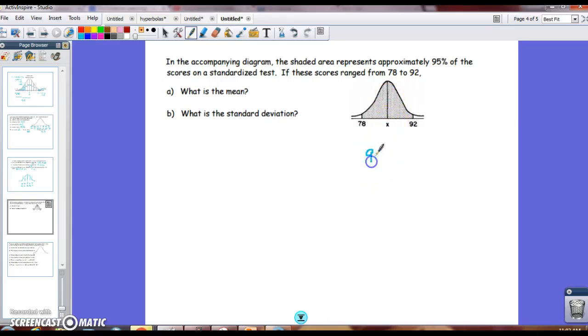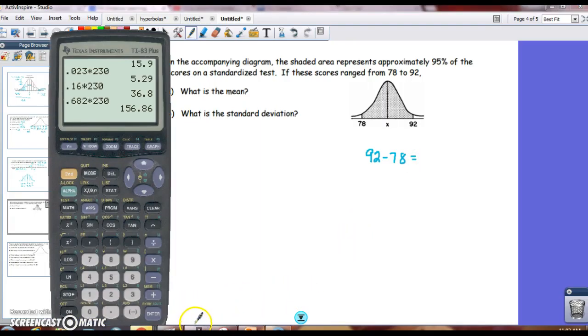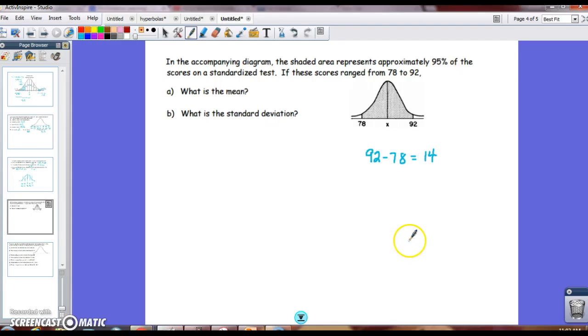So if I take the difference of 92 and 78, 92 minus 78, that comes out to be a total of 14. That has to represent 4 standard deviations because that's 2 above and 2 below. This is 1 below, here's 1 above, this is 2 below, this is 2 above.